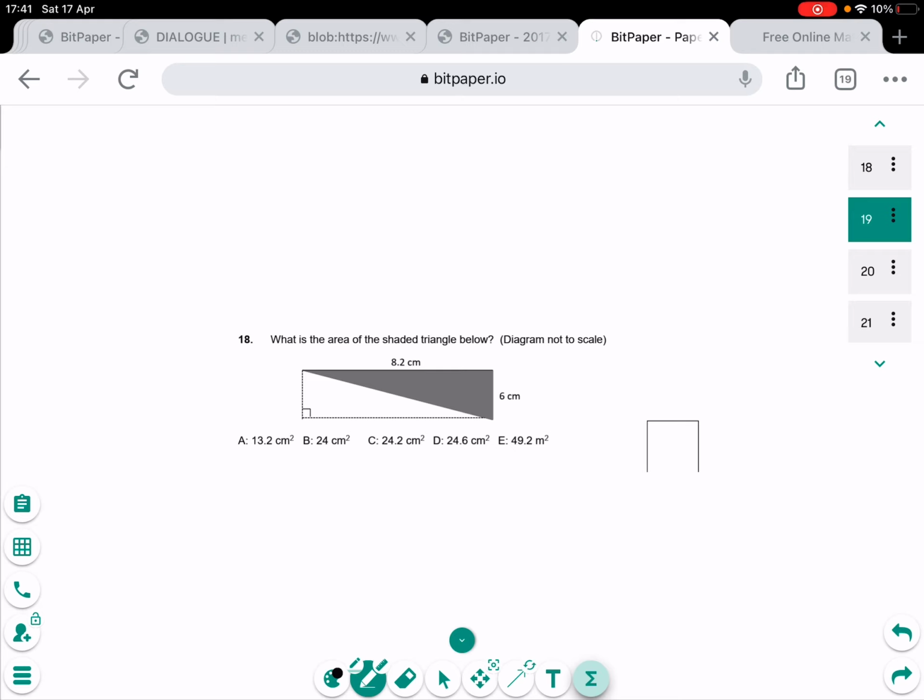So what is the area of the shaded triangle below? Diagram not to scale. 8.2 and 6, the area.